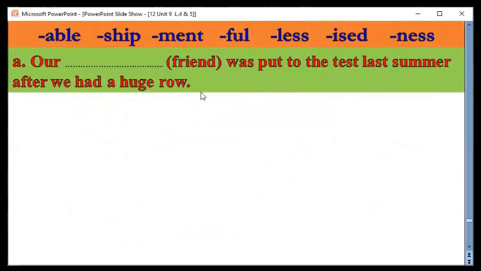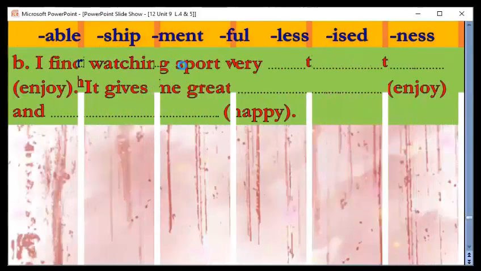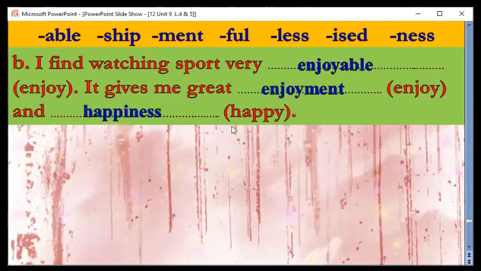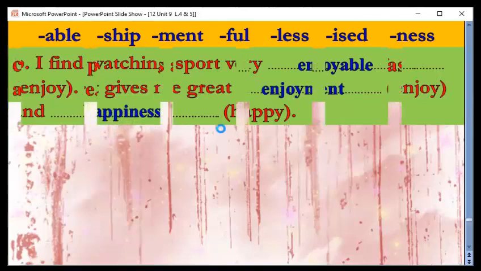Number one, our, and we have friend. This is friendship, noun. The next one here, I find watching the sport very, can we say enjoy or enjoyable? This one here, great, this is an adjective, and after it we should use the noun from enjoy, which is enjoyment, and happy, the same idea, which is happiness.